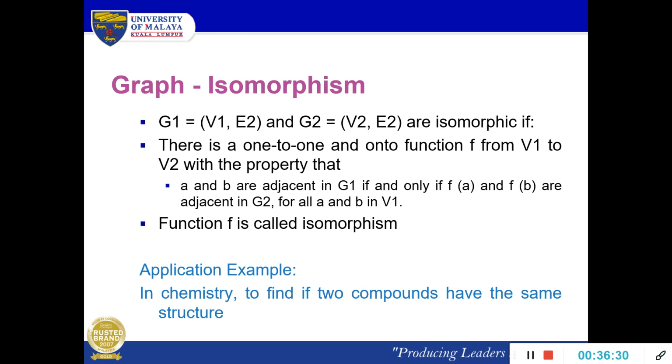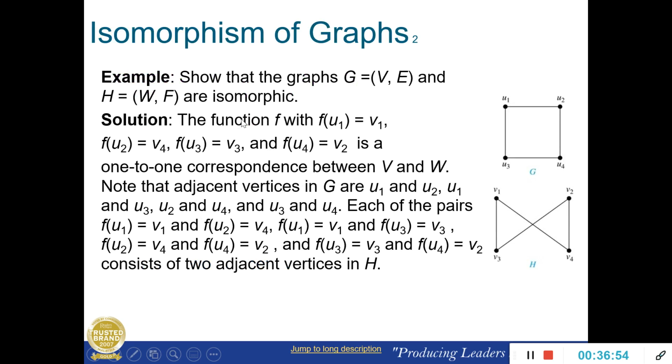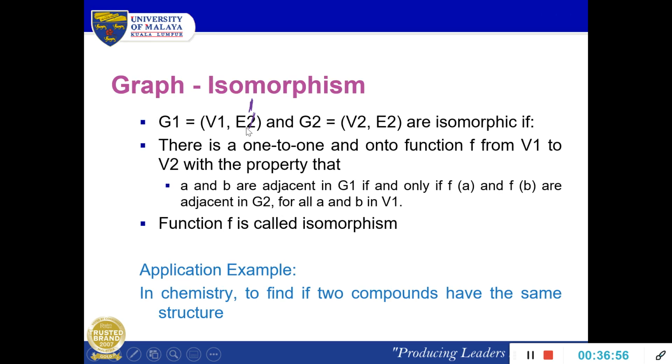So you can see graph isomorphism. There is a graph G1 with a set of vertices V1 and a set of edges E1. Never mind.